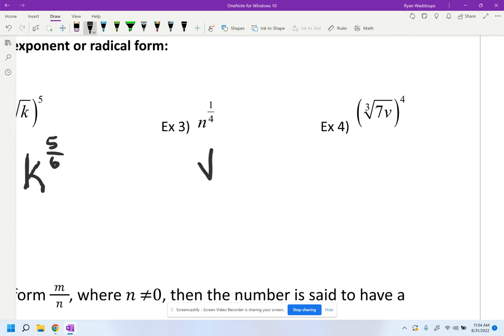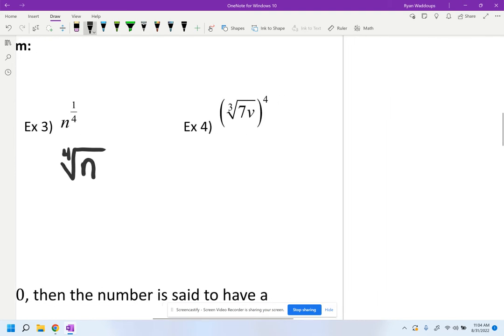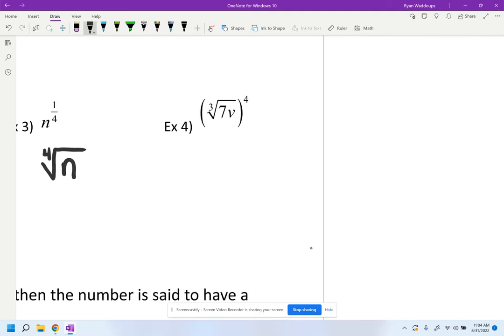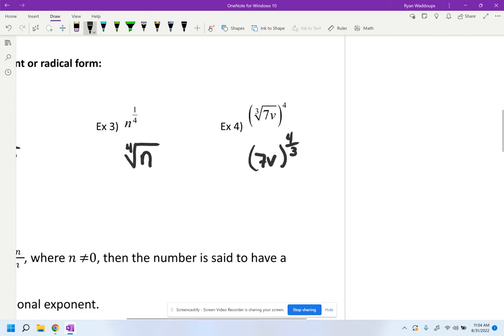So that is the 4th root of n, and you could write the 1, but usually we don't. And then we've got 7v, and that's all raised to the power 4/3. So that's how that works.